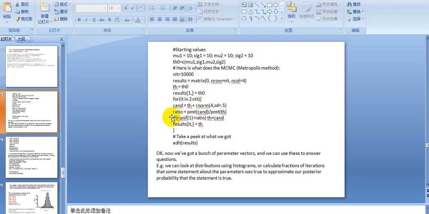Okay, and then again we use the same if statements. If the ratio is bigger than 1, we always accept. If the ratio is smaller than 1, then we accept with probability equal to the ratio. Okay, then after we do this, we'll save whatever the theta is into our results.